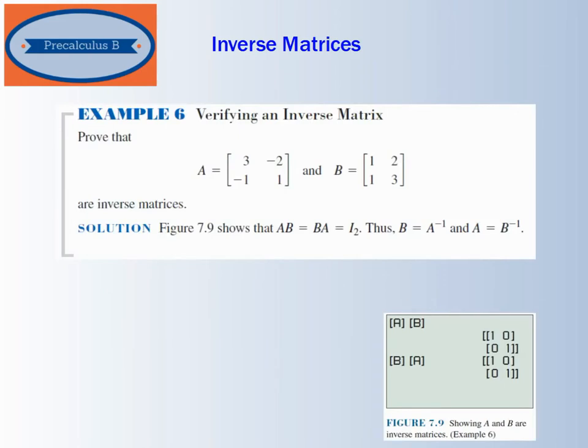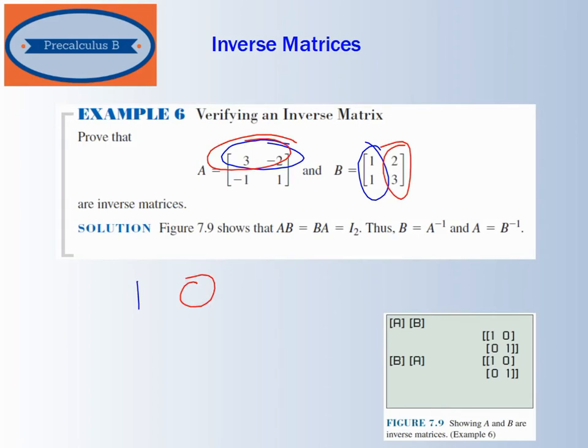If I multiply, for example, the first row of A times the column of B, it would be 3 times 1 plus negative 2 times 1, which just gives me a 1. Then for the first row times the second column, remember with multiplication, it's row times column: 3 times 2 is 6, negative 2 times 3 is negative 6, and 6 plus negative 6 is 0.